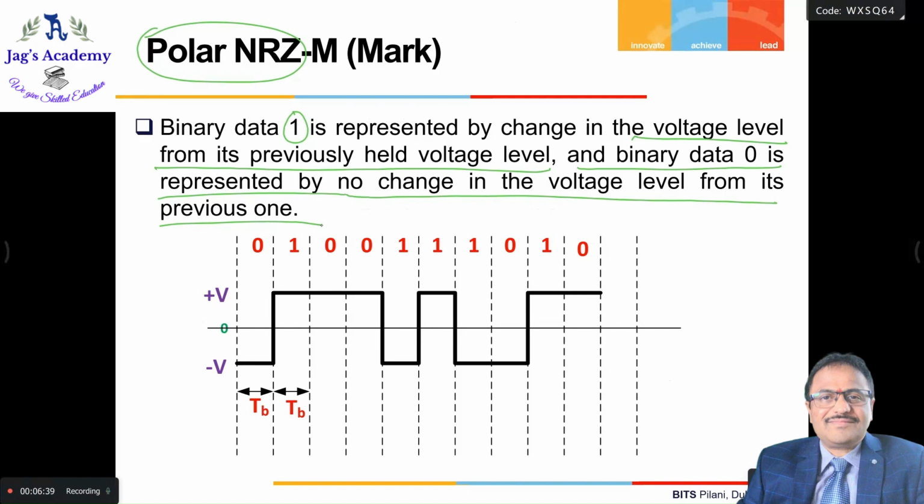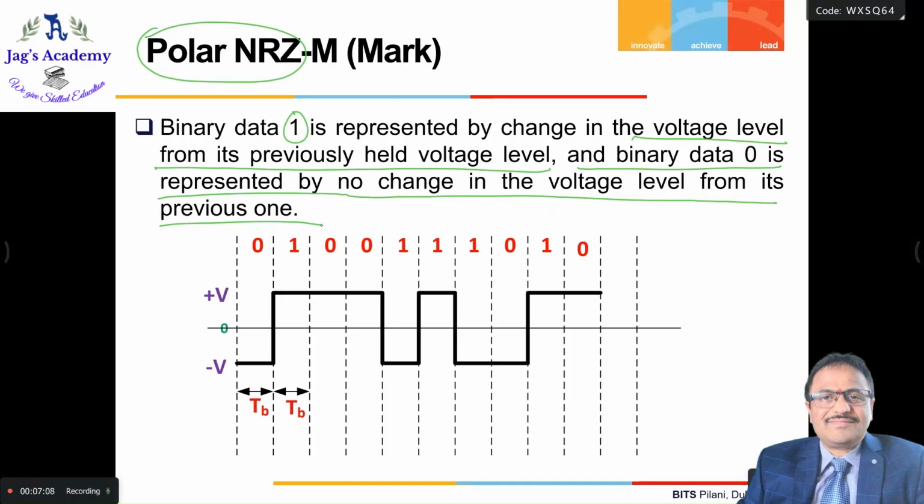Remember this. Binary 1 means there is a change in the level. What is the level it's changing? Minus 3 to plus 3, plus 3 to minus 3, like polar NRZ level. There is no fixation for 0 to be represented only as minus 3 and 1 only as plus 3.